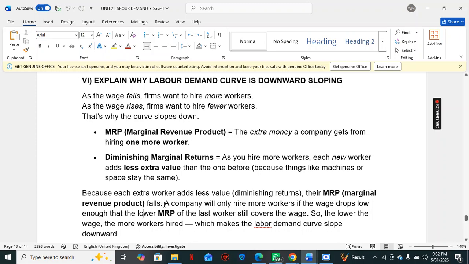A company will only hire more workers if the wage drops low enough that the marginal revenue product of the last worker still covers the wage. So the lower the wage, the more workers hired, which makes the demand curve slope downwards.